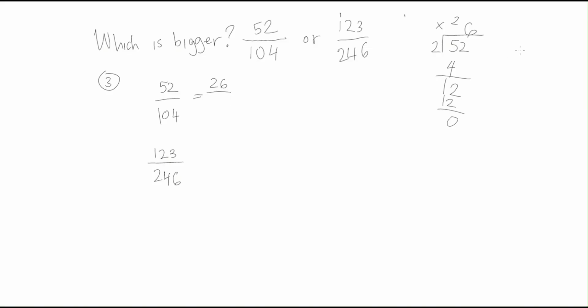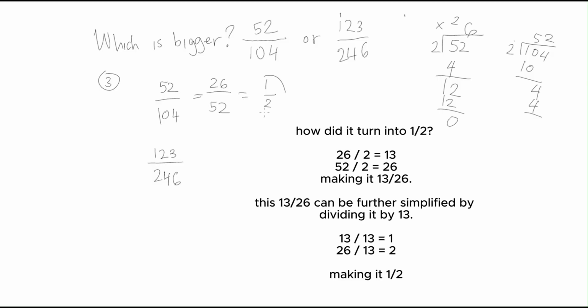And we can also divide 104 by 2, which is 52. And we can further divide this by 2, which turns into 1/2. We can imagine we continue dividing by 2.